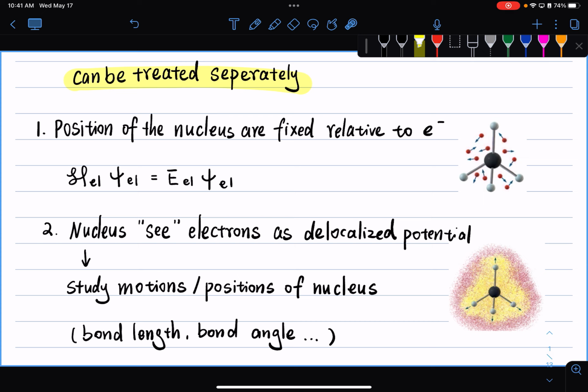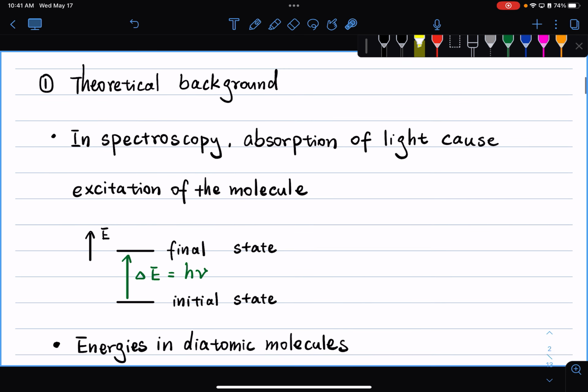That means we can treat the electrons as a delocalized potential without needing to worry about the specific wave function of the electron when we're focusing on the motion of the nuclei. When we're saying motion of the nuclei, we're talking about measurement of bond length, bond angle, stretching mode, normal mode, etc. So the Born-Oppenheimer approximation is one of the fundamental approximations we made, so we can use spectroscopy to probe the motions of my nuclei.